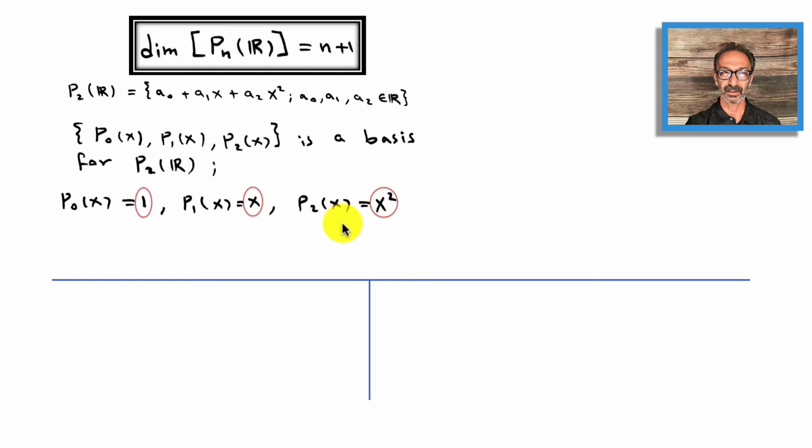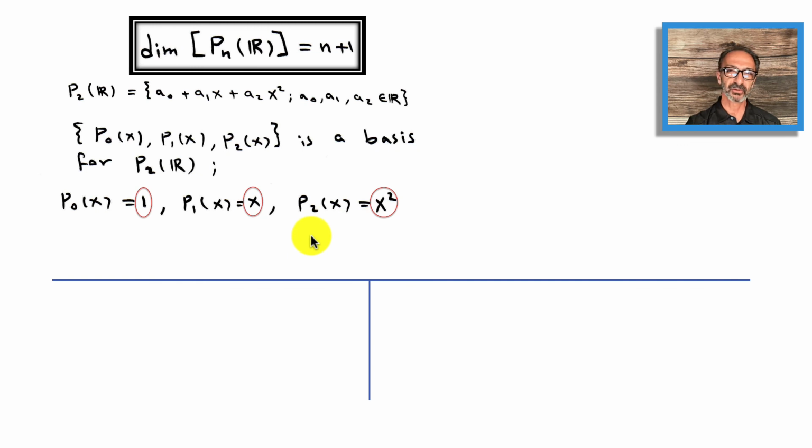So to build a polynomial of second degree, you need these three vectors, multiply them by different scalars, add them up, and you'll get whatever you want. Any polynomial of second degree will be generated from these three vectors in the basis.